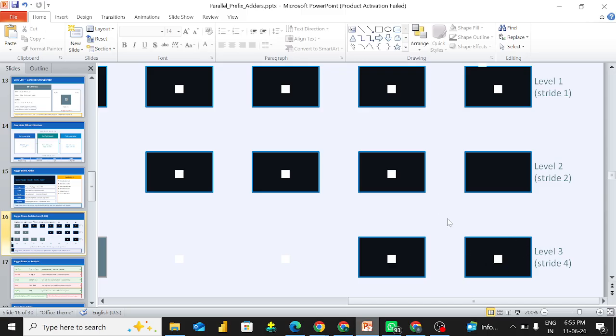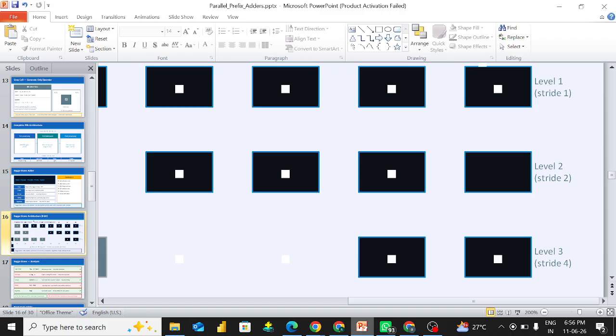In level 3 we combined this 2 bits and this 2 bits, so we have 4 bits here. That's why I mentioned stride 4. It tells what operation is going on and the size of that particular box.